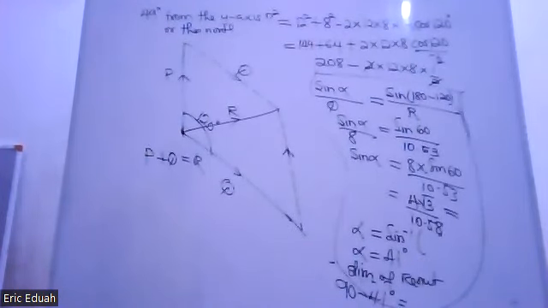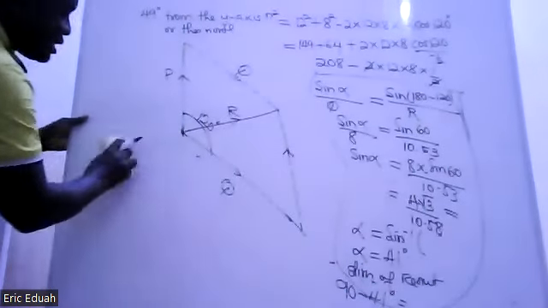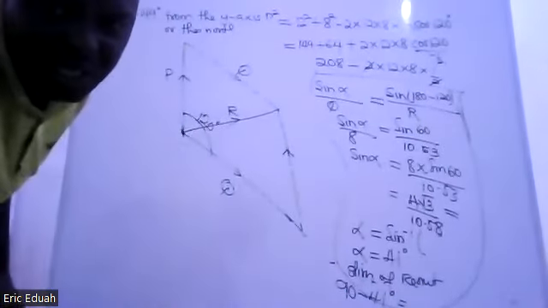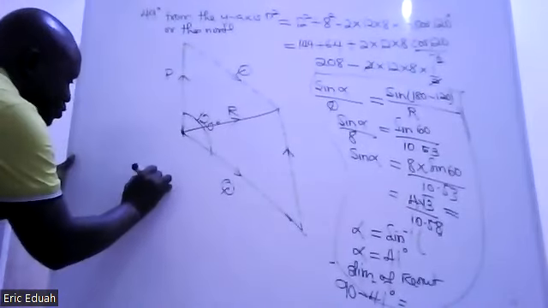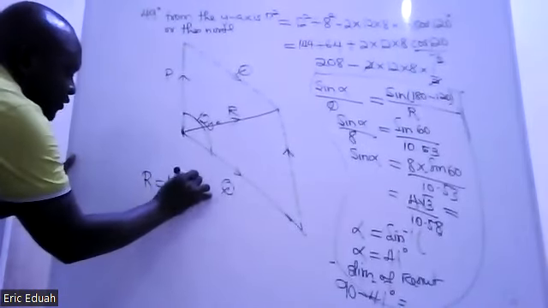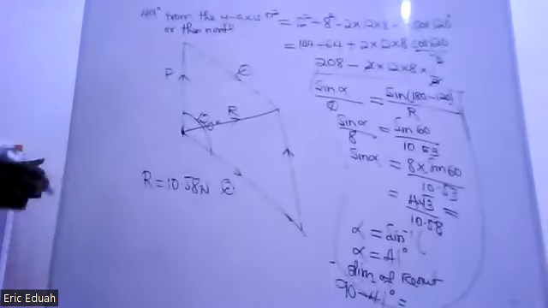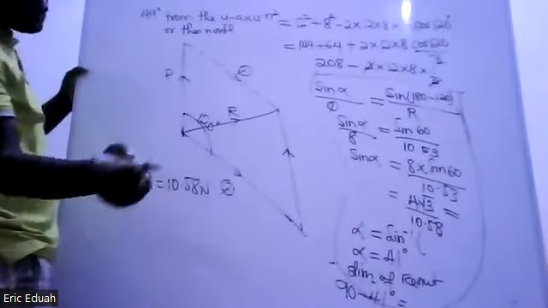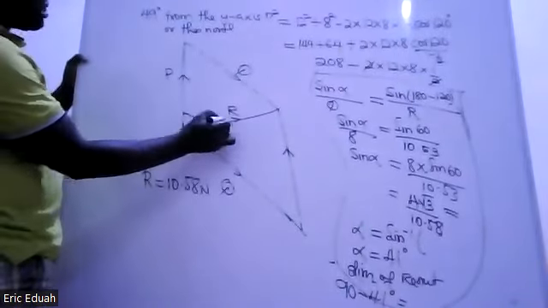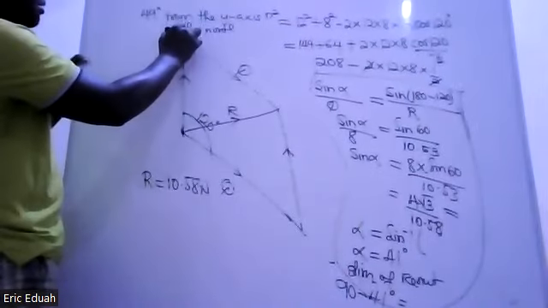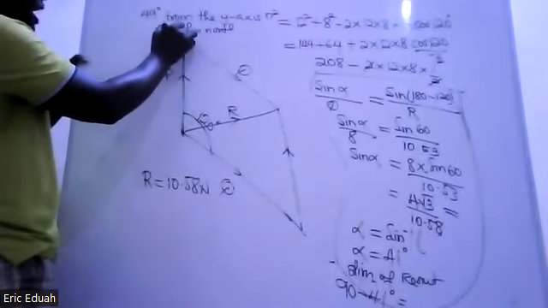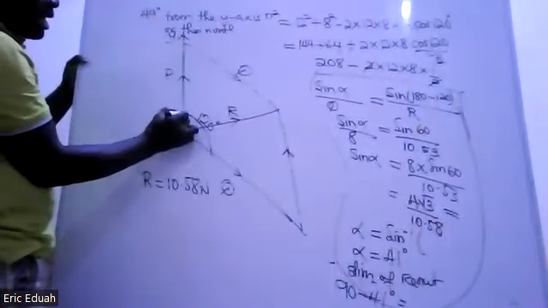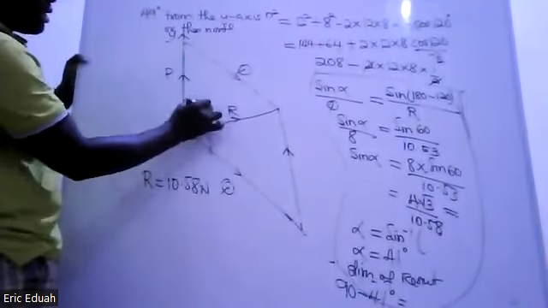Yes, please. Anyway, let's finish it. We got a resultant to be 10.58. R is equal to 10.58 Newton. If I want to determine the direction of the resultant, this is the Y axis, so I have to turn through this way.